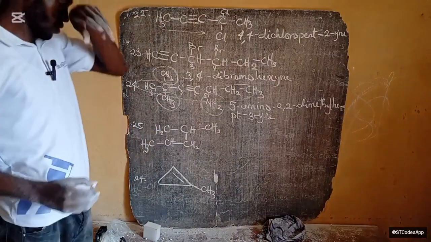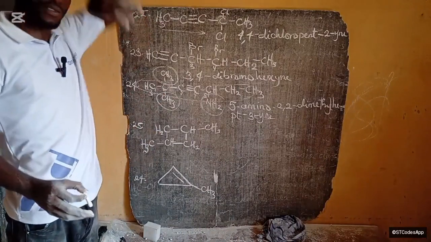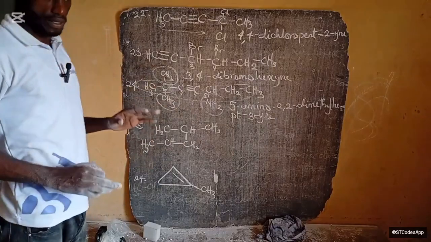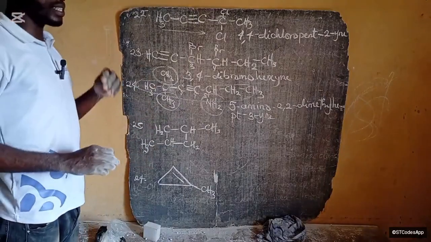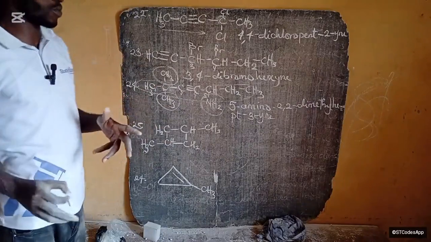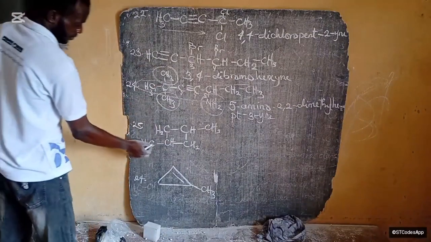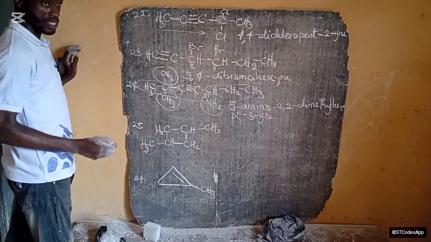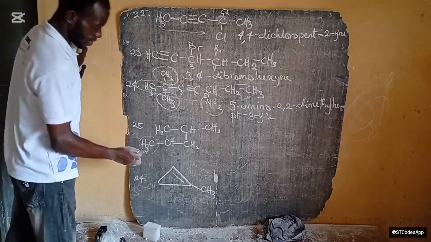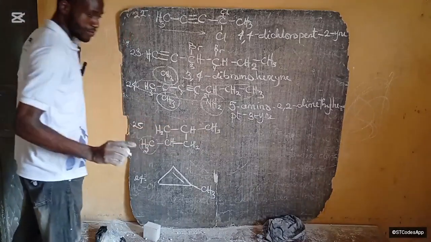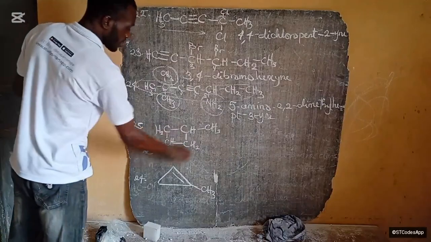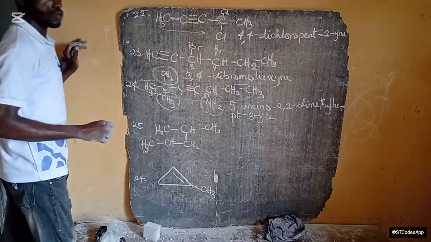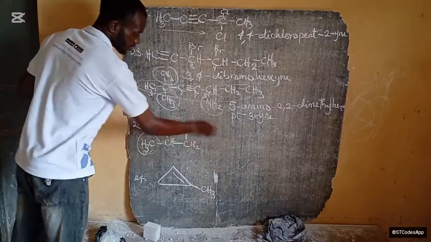With cyclos, it's best to start from the carbon that is substituted. That's the only way you can give the substituent the lowest possible number. So if we start from this carbon now. The cyclo must be part of the chain, the parent chain. Is that okay? So you cannot go like this 1, 2, 3, 4, 5. No. The cyclo is the main chain there. So you come here, these are substituents.